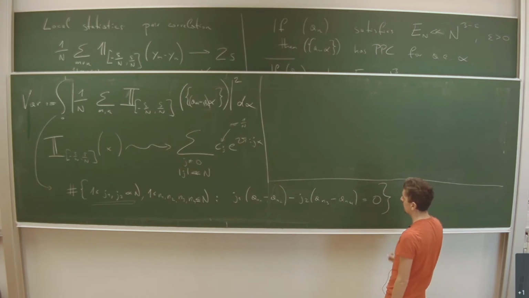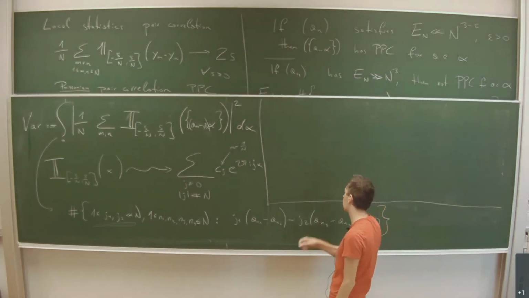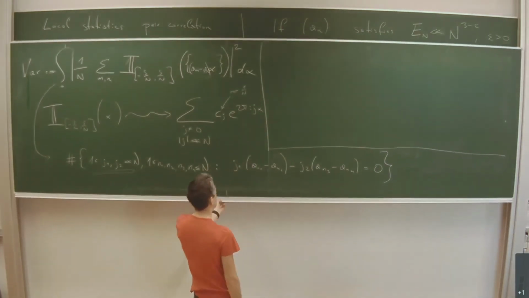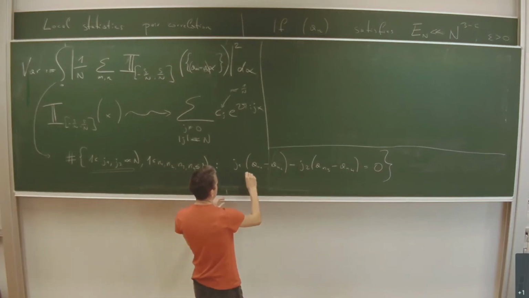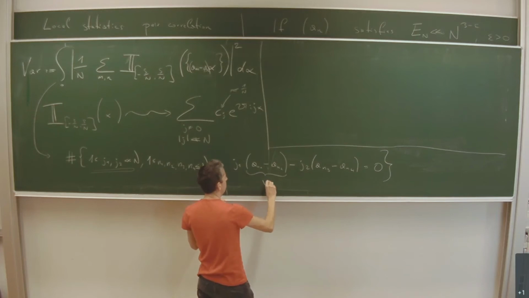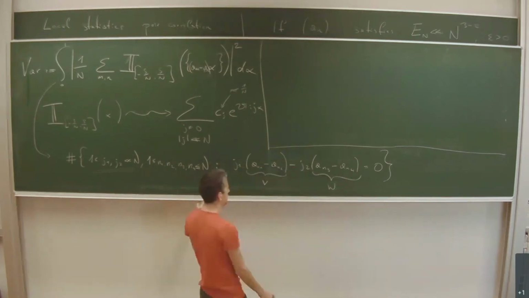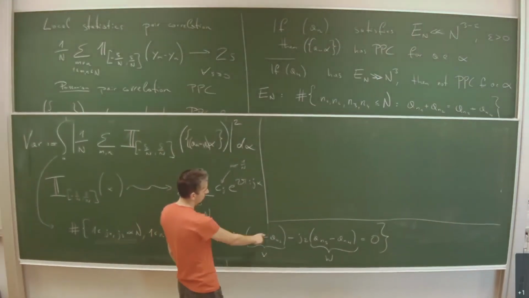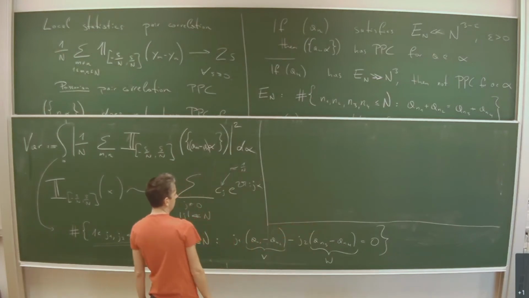So what we're counting here is, let me write maybe V for this difference here and W for this difference here. So we're trying to count, I bring this to the other side and I divide by that.